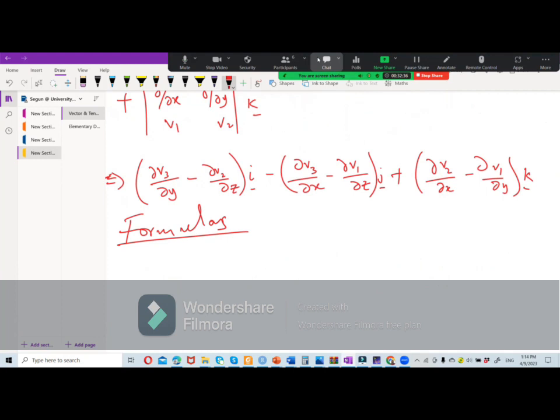Number one formula says, del dot (phi plus psi) is the same thing as del phi plus del psi.